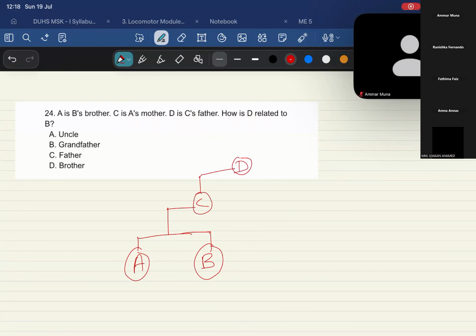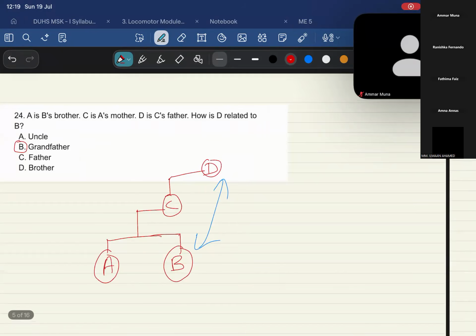So the question is, how is D related to B? That would be the grandfather, right? Because A and B's parent is C, and the parent of C is D. So that would be grandfather. Right, so moving on to our next question.